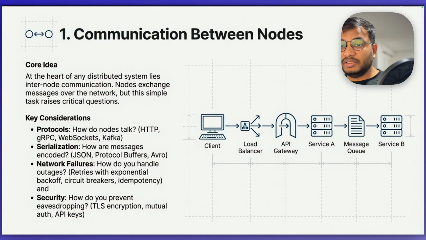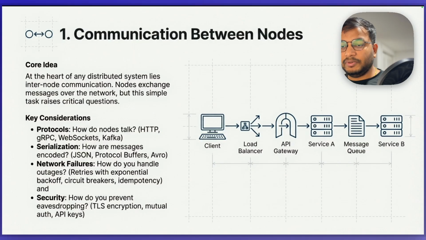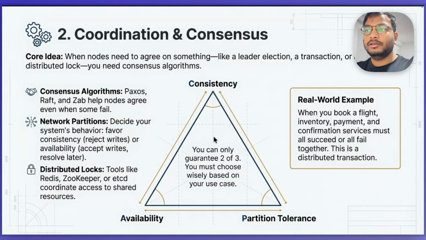How do we even prevent eavesdropping? Are there any technologies or protocols that can prevent a third person from eavesdropping on the conversation, right? For example, TLS encryption is one of those.